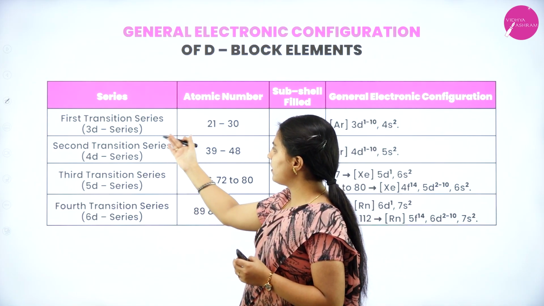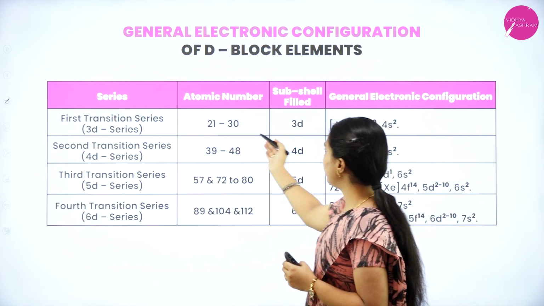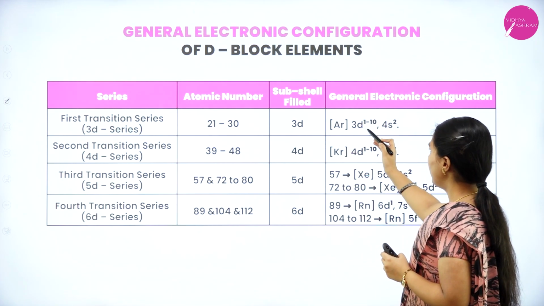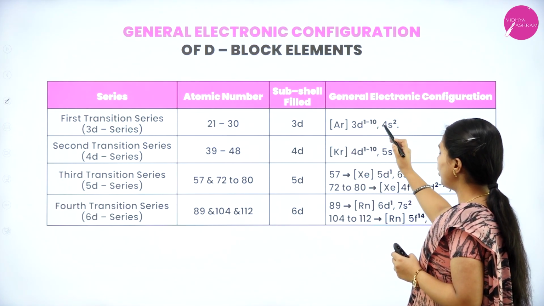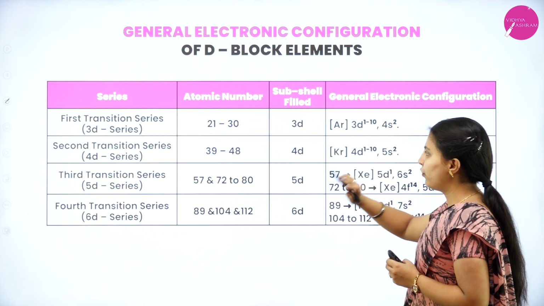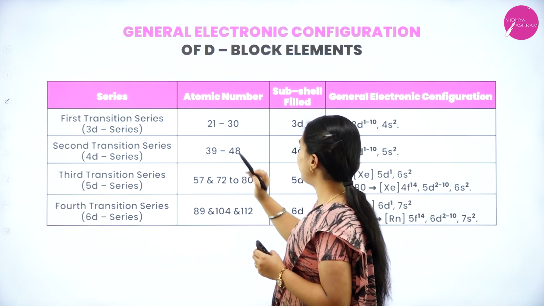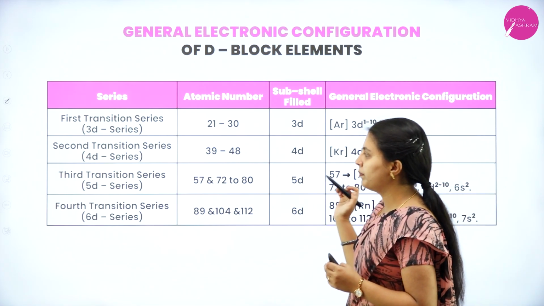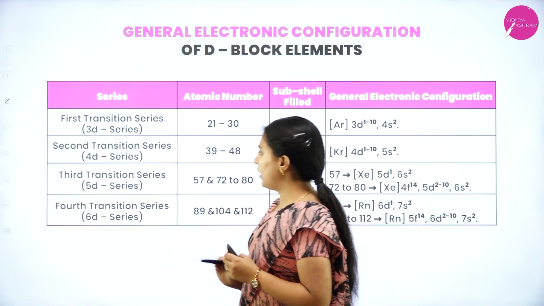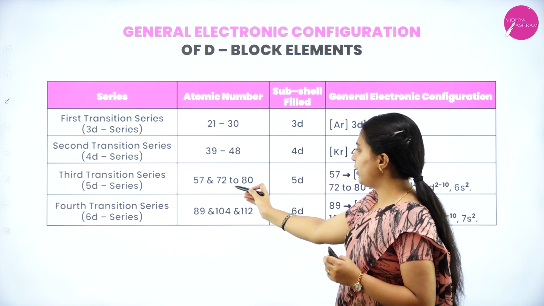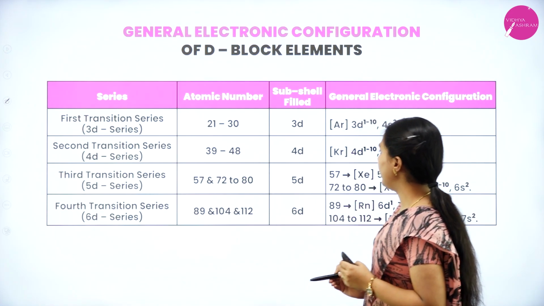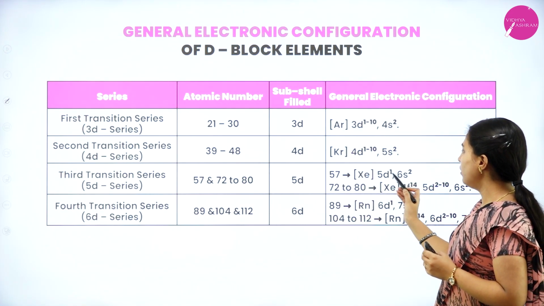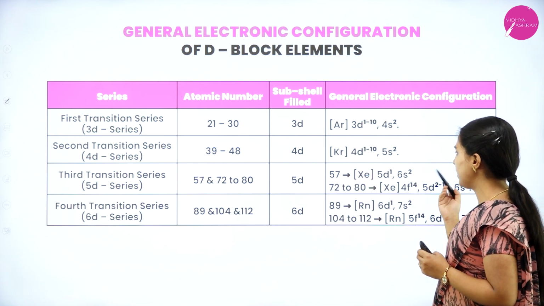First transition series, 3d series, atomic number 21 to 30, 3d 1 to 10 and 4s2. 4d series, atomic number 39 to 48, 4d 1 to 10 and 5s2. Third transition series, 57 and 72 to 80, that is xenon 5d1 6s2.